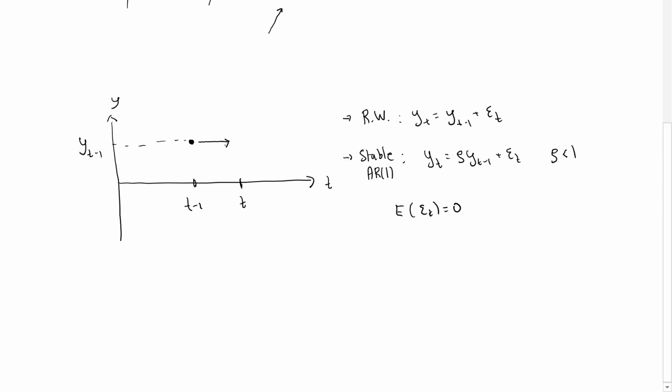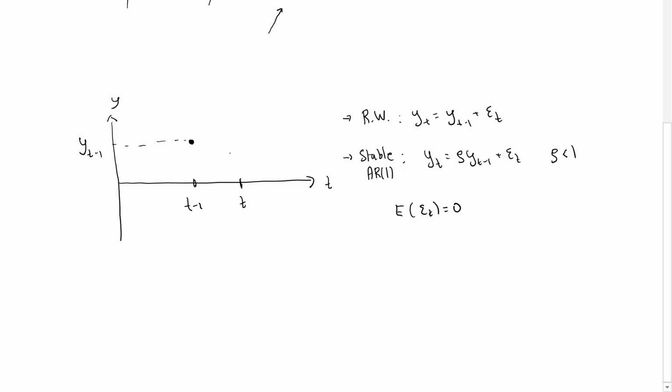So we can expect the random walk to go horizontally when t increases by 1 unit. Of course, it will not go exactly horizontally because we have to add an error term, but this error term has an expected value of 0. So it means that it's equally likely to go slightly up or slightly down.